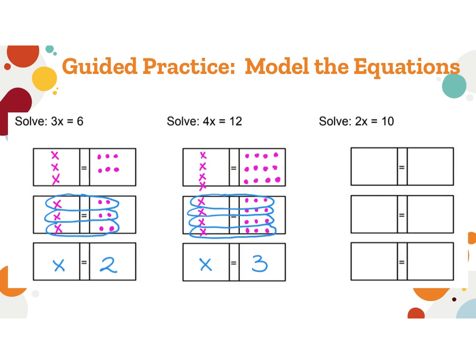The last equation we're going to solve together is 2x equals 10. So I'll put my 2 x's on the left, and I'll put 10 dots on the right.